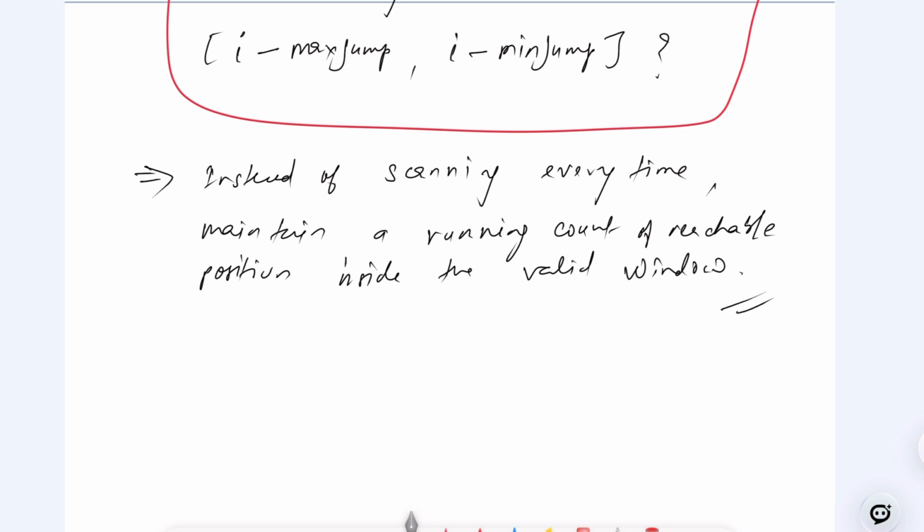First I'll show you how to implement the solution, and then we'll see how we approach the problem. We don't want the brute force, because from every reachable index we are trying all the possible jumps.